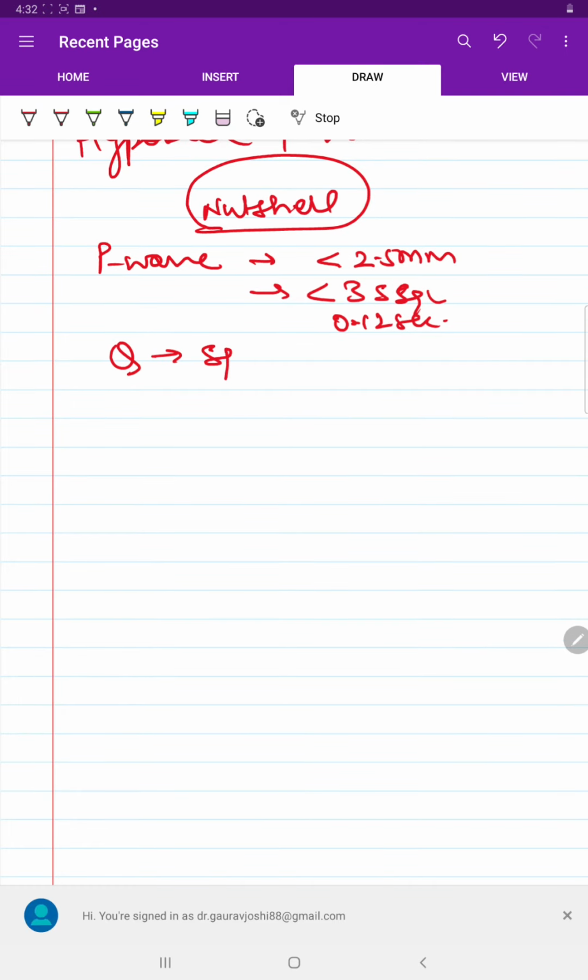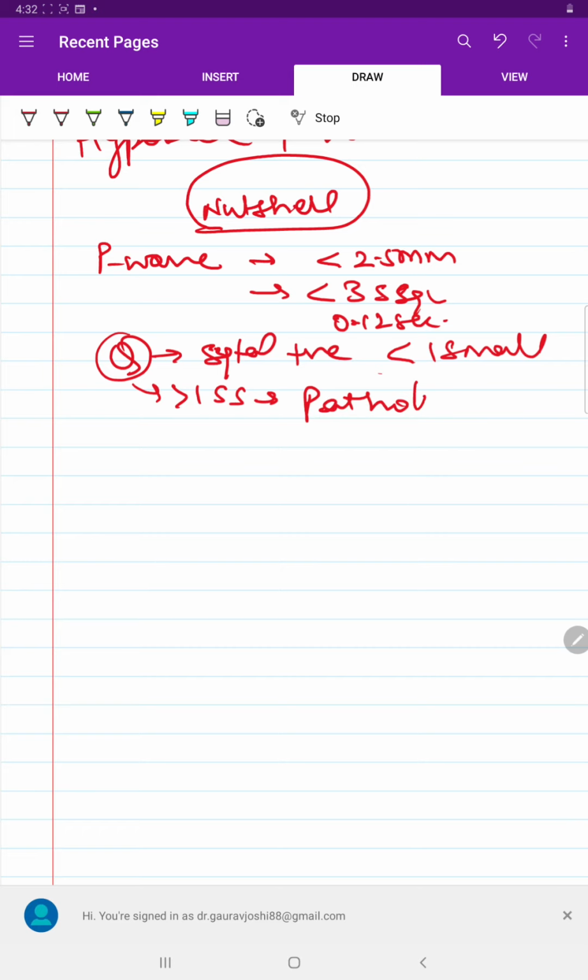It is septal, a deflection of less than 1 small square. If it's more than 1 small square, it's a pathological Q wave.